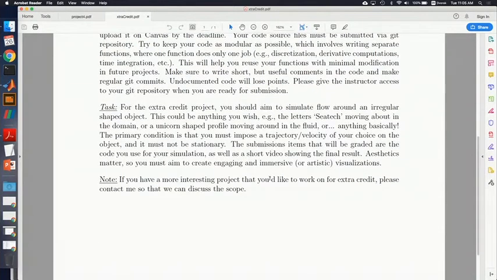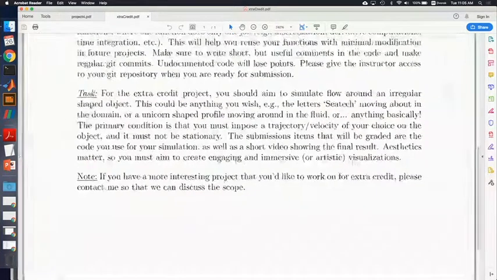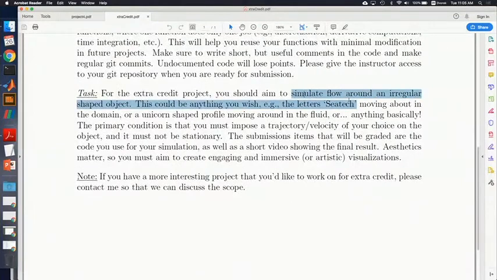So the task here is, in the project, it was a simple wall, right? But now you can pick any object that you want, any irregular shaped object. For instance, you can have the word CTEC moving around in a domain, and visualize what the vorticity looks like. But the only condition is this is no longer an inflow thing.